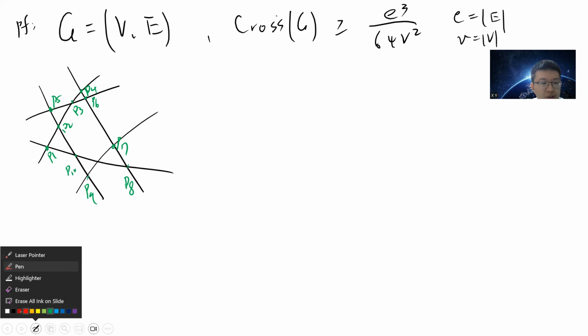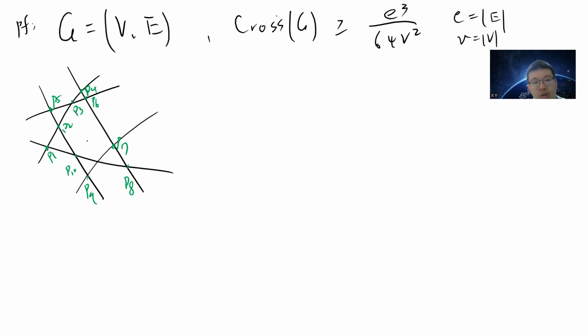So to construct a graph, the number of vertices should just be the number of points, so it's the set P. But what are the edges? Edges are very simple. Given any line, the segment between 2 points on it, I define to be an edge.